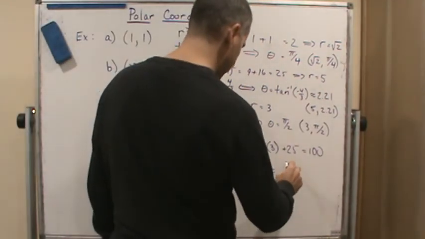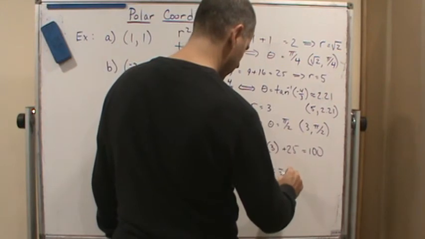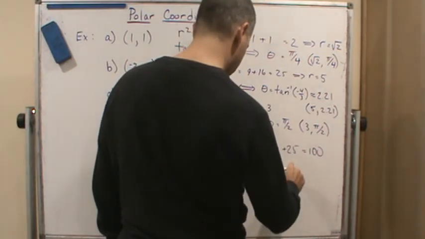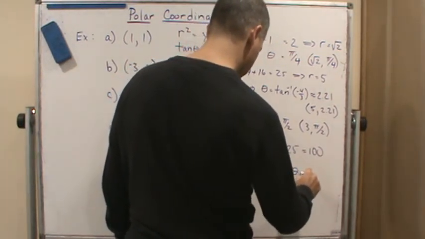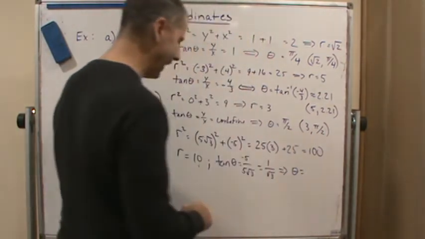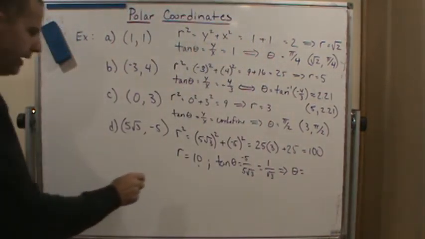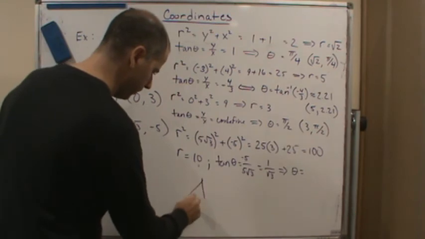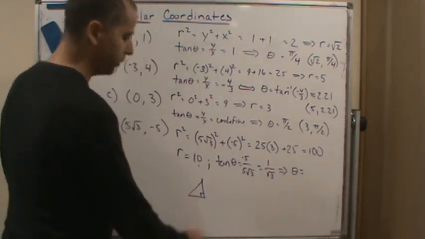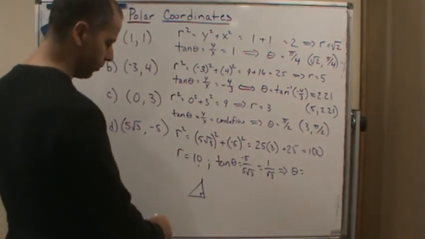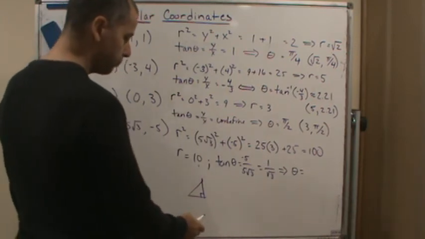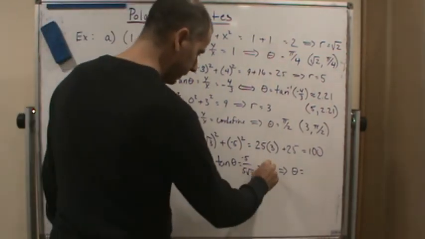So now here's the kicker. It's a 30 degree angle, right? We know it's a 30 degree angle. Just think of the unit circle and do your right triangle.